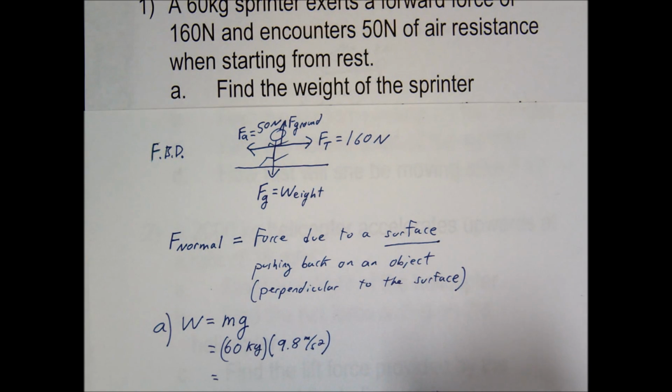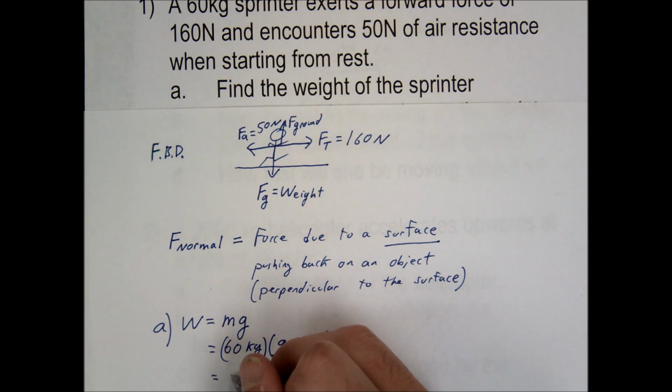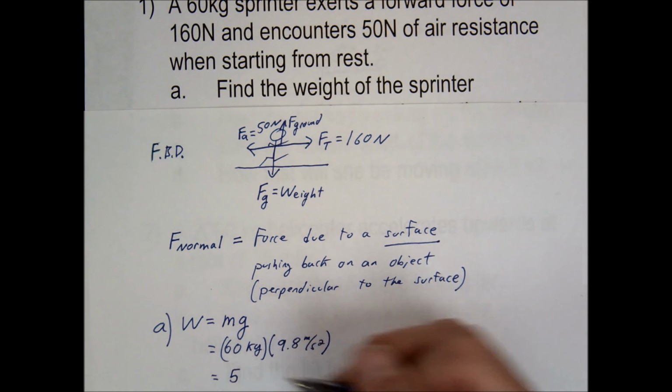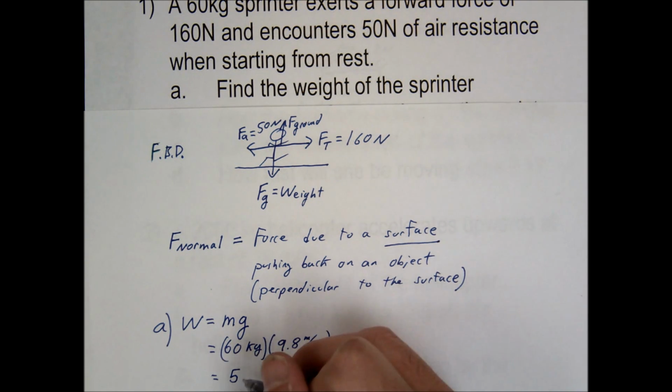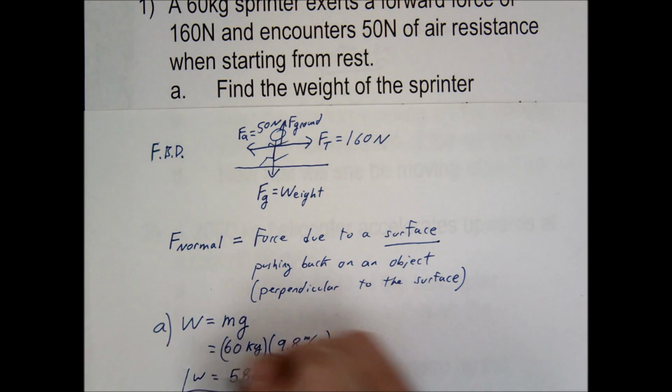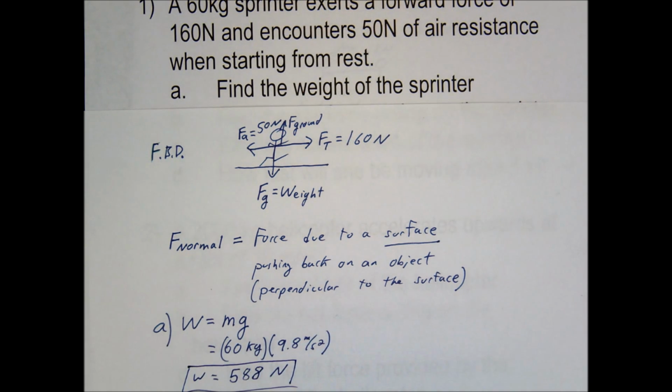So what's 60 times 9.8? Pull out your calculators if they're not out yet. Okay, so that'd be our newtons, 588.